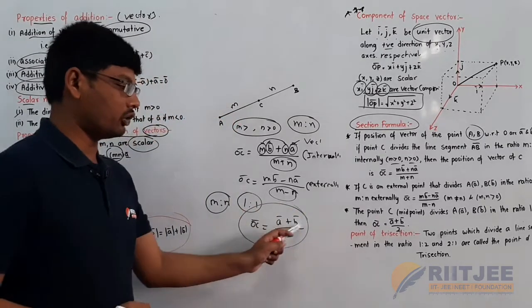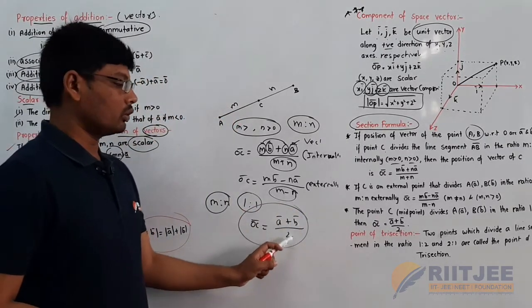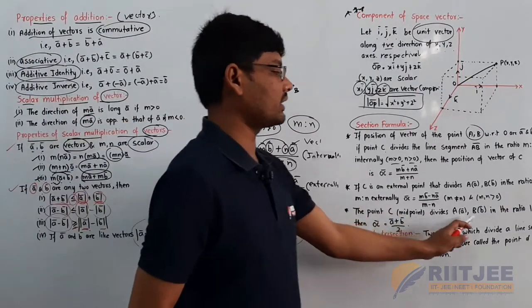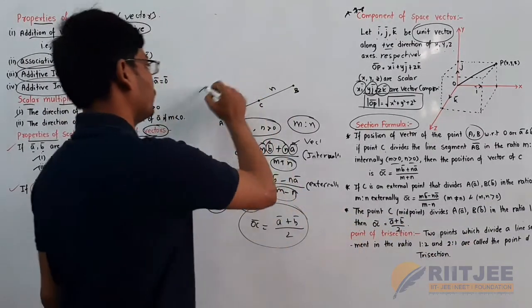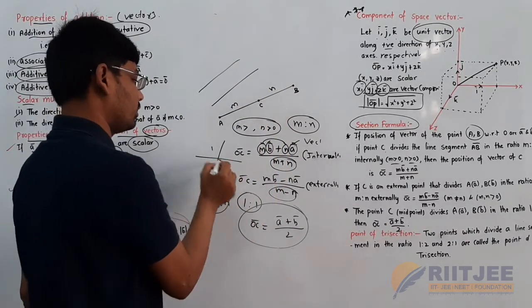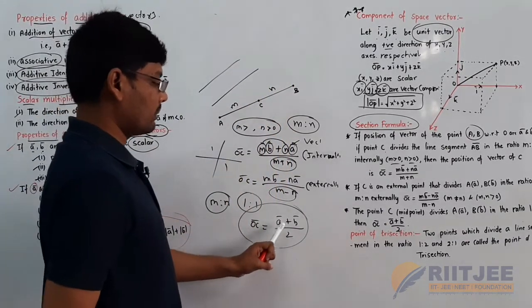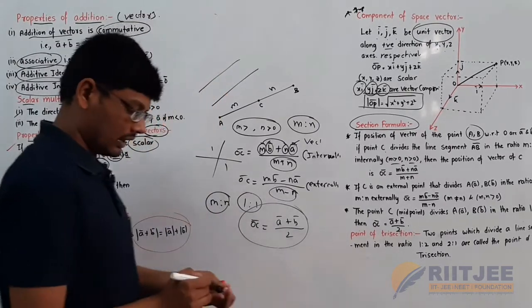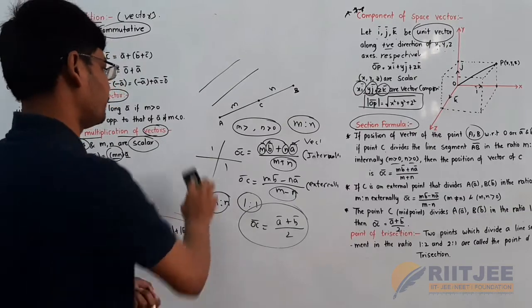The sum of the 2 vectors divided by 2 is nothing but the midpoint of AB. So OC bar is the average of the two vectors.